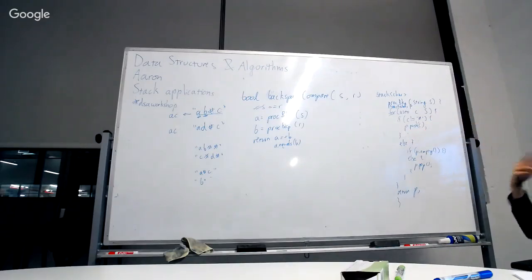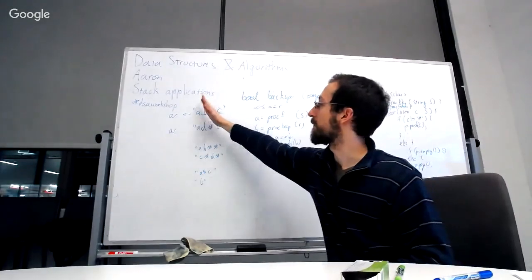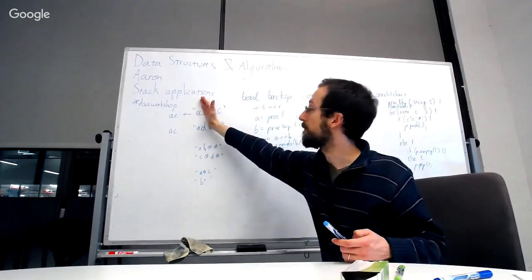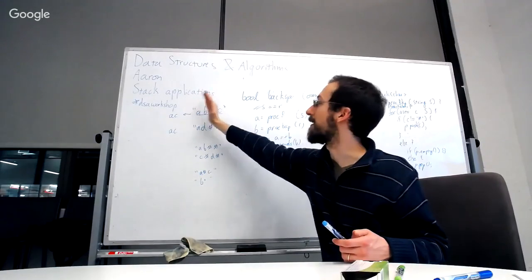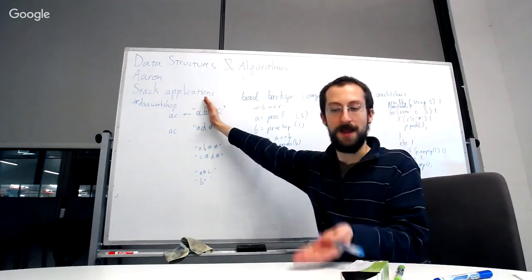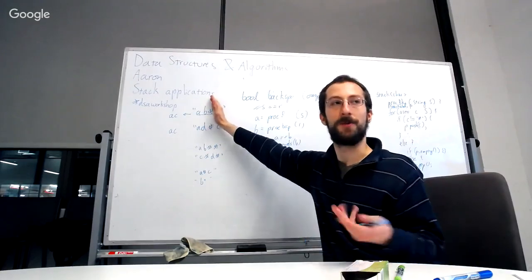What's the top of the stack? If we just finished processing this first character, A, what's the top of the stack? A. And then if we just finished processing B, what's the top of the stack? The stack looks like A and then B, and then when we see a hash, which one do we pop?